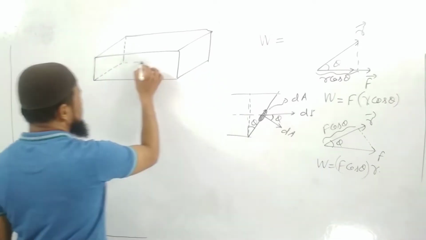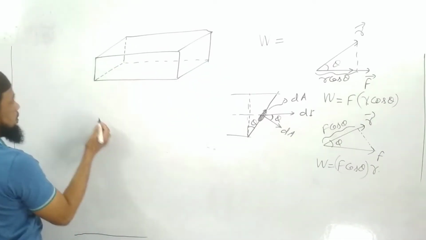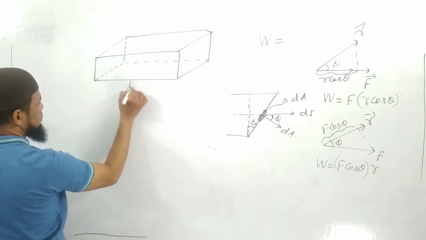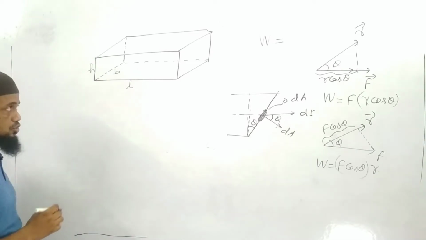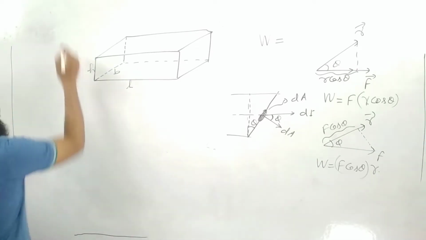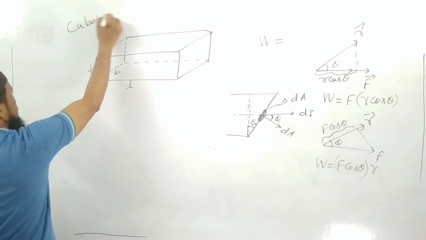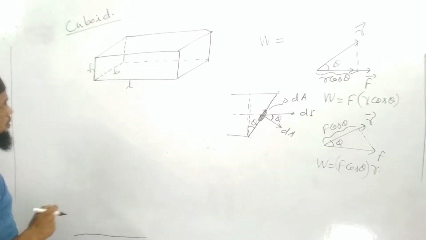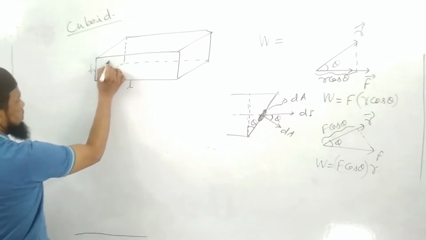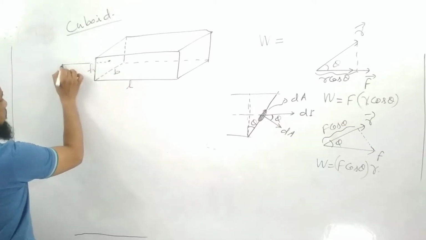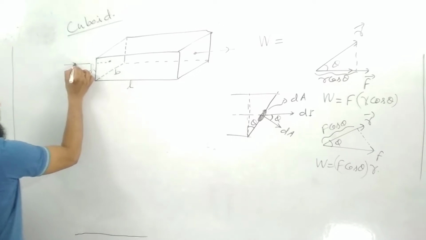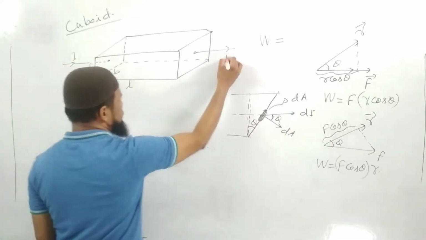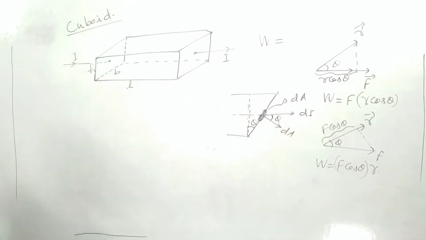Length is L, breadth is B, and height is suppose H. This is a cuboid. Through this cuboid, at this particular point, along its length, I current is flowing. We have to find current density in these situations.